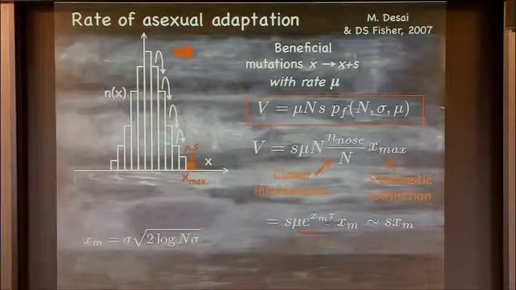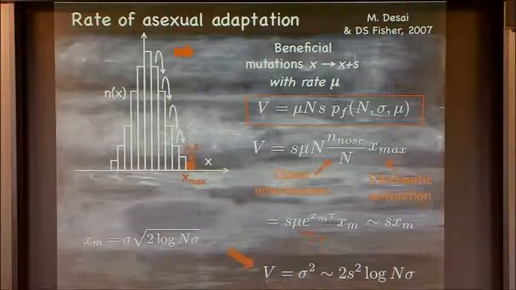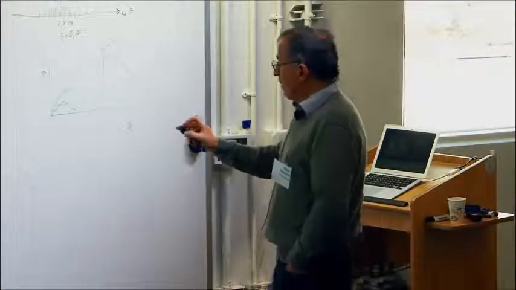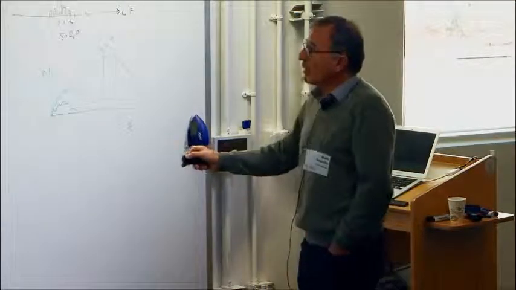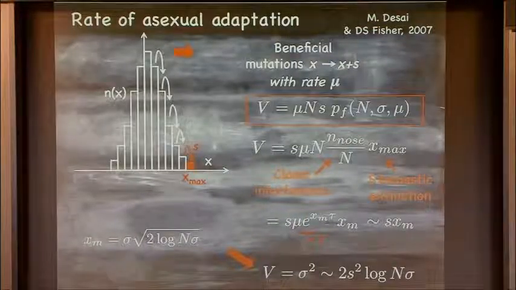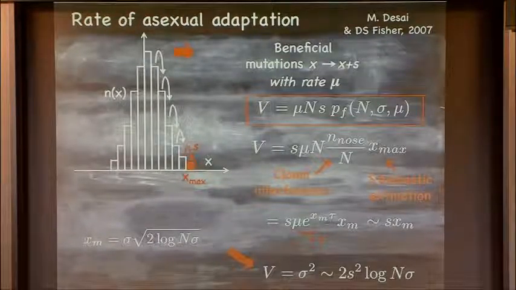So anyway, I don't think I really want to walk you through the arithmetic here, but all I want to impress you with is the notion that it's a calculation, but it's not a terribly deep and profound one, and you can do it at home, especially with the Desai-Fisher paper in hand.